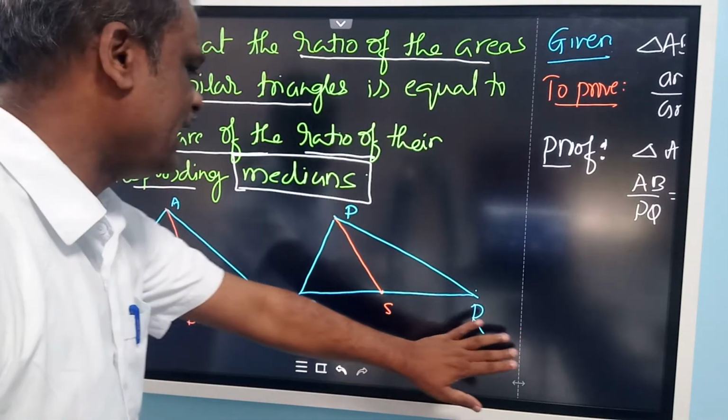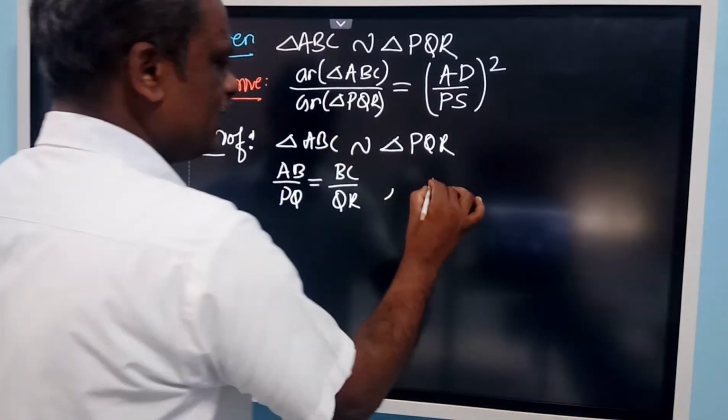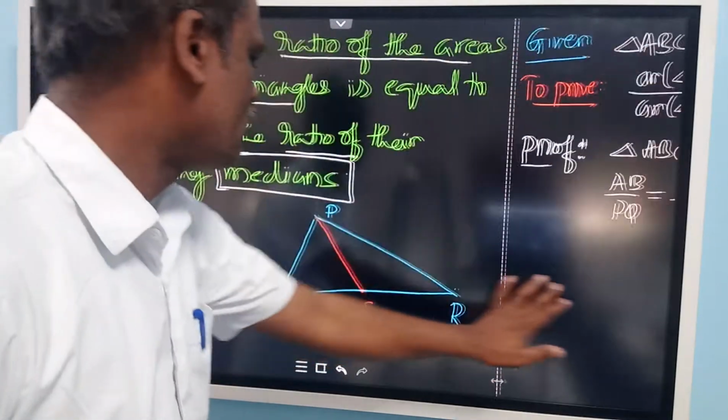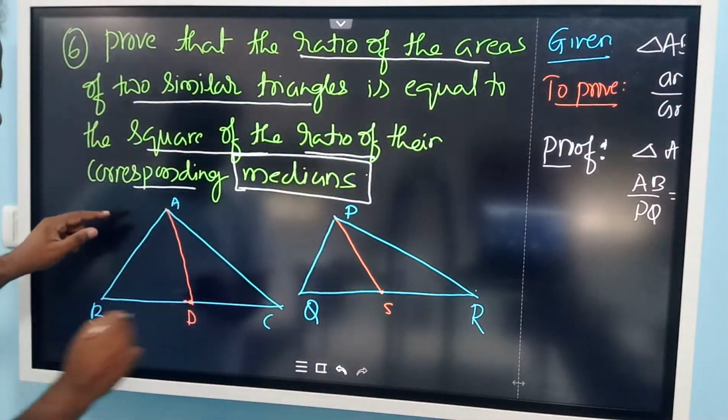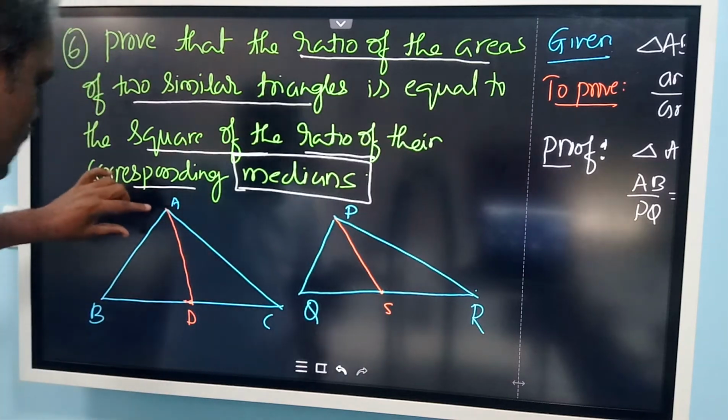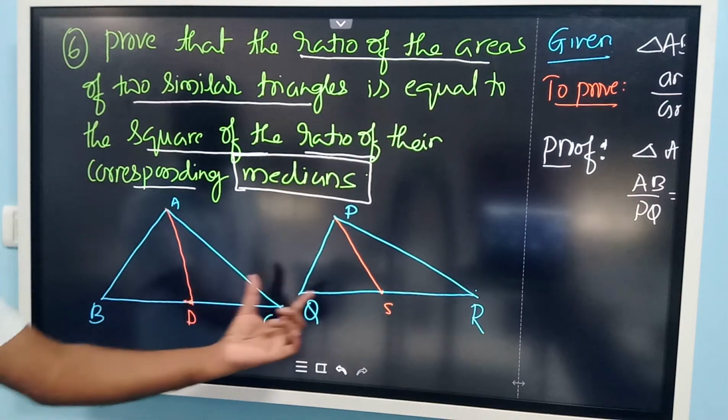And the corresponding angles can also be written as equal. So angle B is equal to angle Q. I have taken only what is required. You can write AB by PQ, BC by QR and AC by PR also, but I have taken only AB by PQ and BC by QR, only two sides.